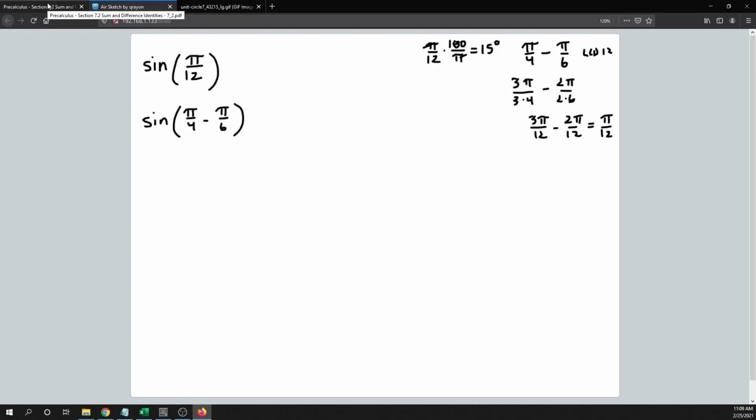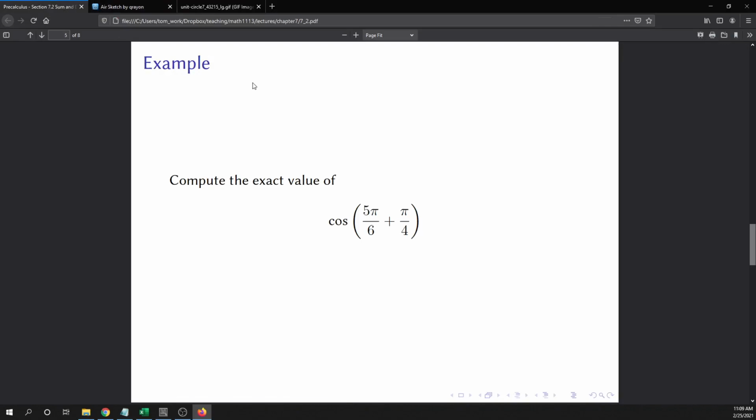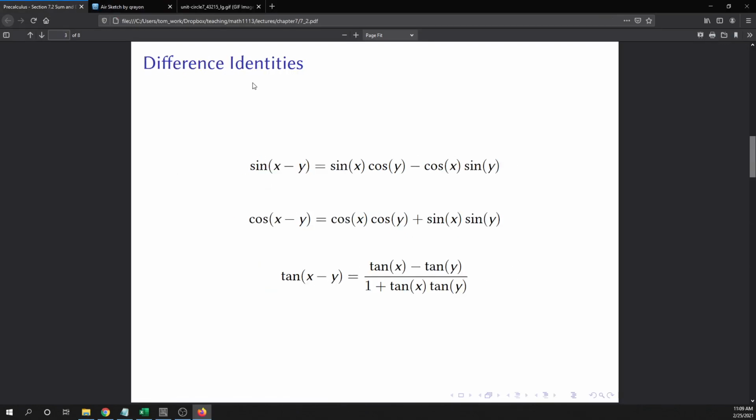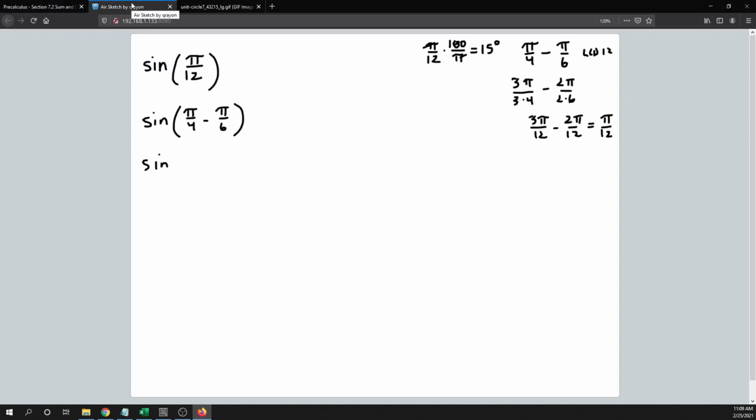So let's look at the difference formula for sine. It's right here. That's going to be sine pi over 4 cosine pi over 6 minus cosine pi over 4 sine pi over 6.